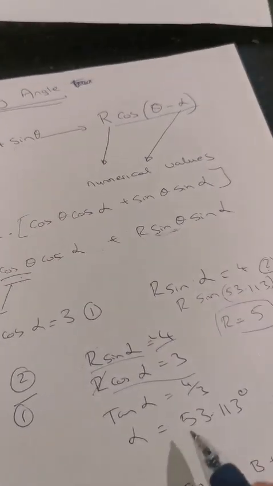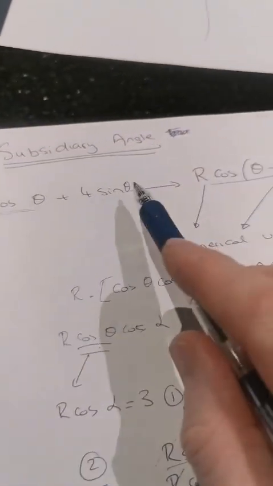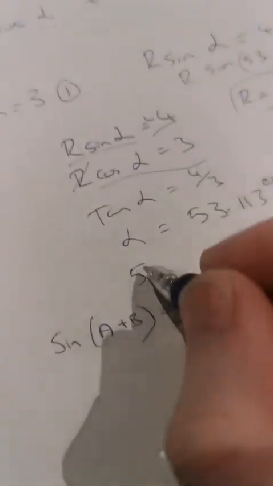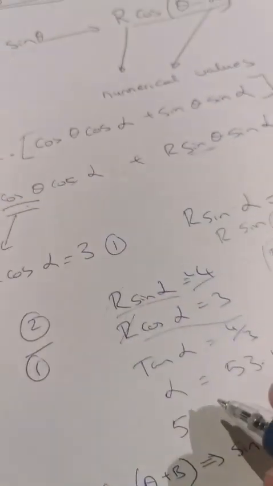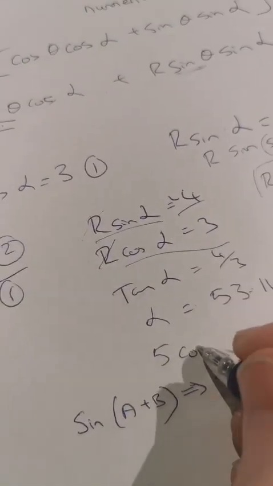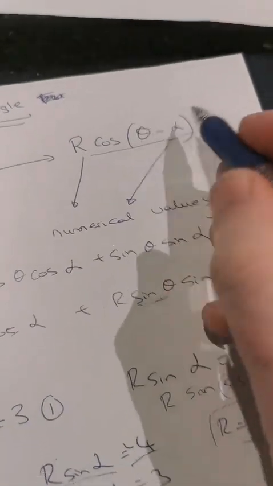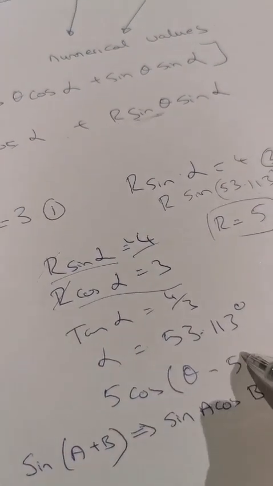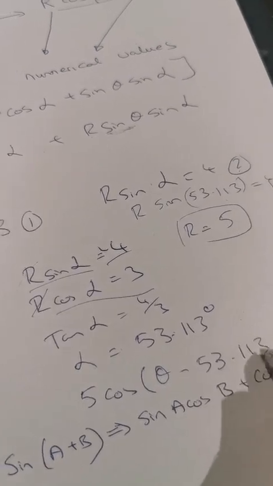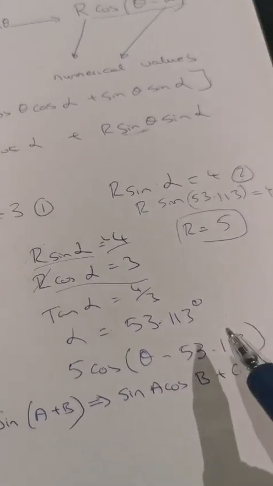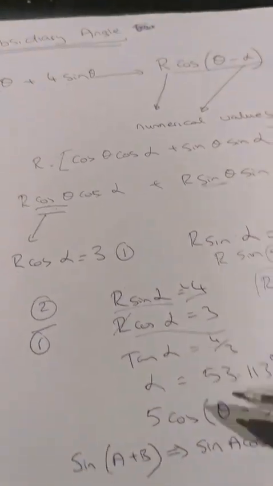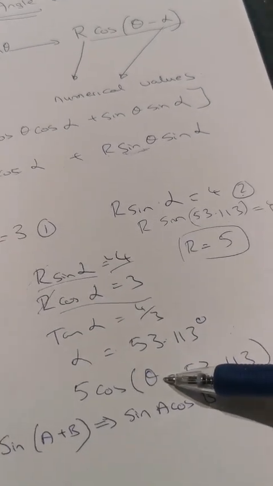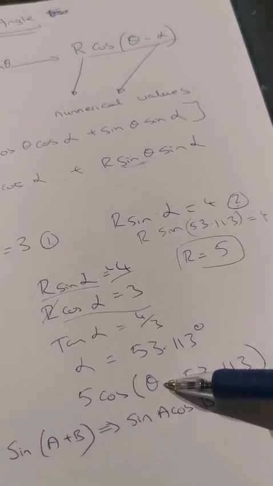So when we've totally finished, we can rewrite this expression as 5 cos(theta minus alpha), and we've worked out alpha to be 53.113. The reason why we do it, if we rearrange this, we can solve some equations using this. We can also easily find minimum and maximum values, which we'll do in later classes.